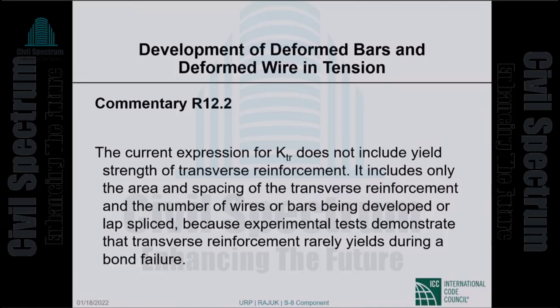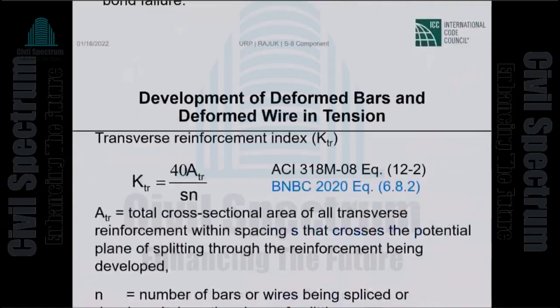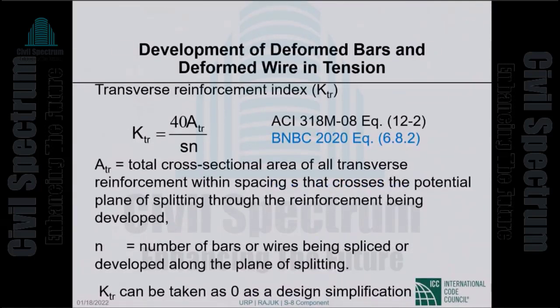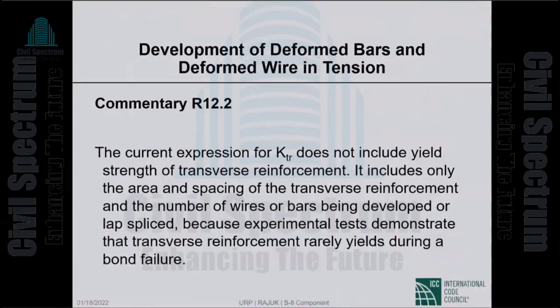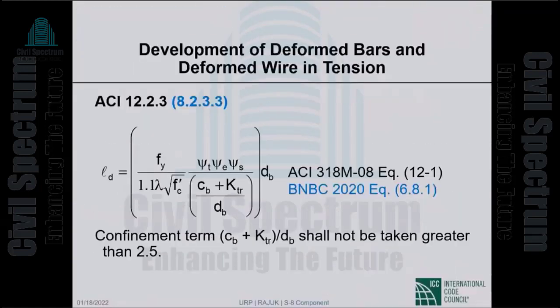I'll let you read the rest of it because of time constraints. I think it is understandable upon reading why the yield strength of transverse reinforcement is not included. The K sub TR, but remember C sub B plus K sub TR divided by D sub B.